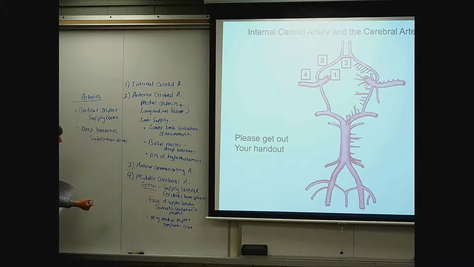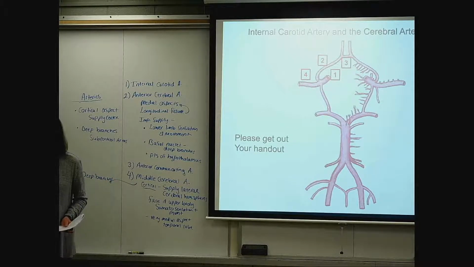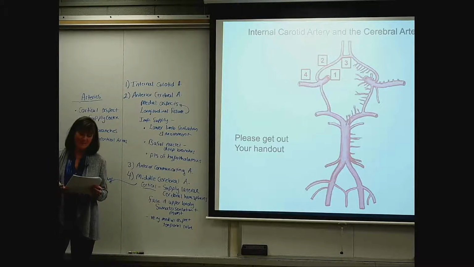There's also deep branches. I'm going to just draw it over here so it's nearby. So if you were in class, I would ask you, what do you think the deep branches are going to supply? And you would answer subcortical structures. And so you would be absolutely right, and I would be so happy that you're paying attention.